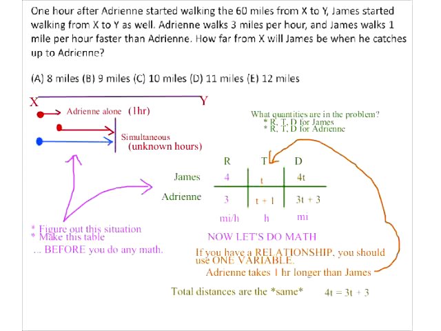If you solve that, you get t is 3 hours. You want James's distance, because that's what the problem asks for. From the table, it's 4t, so that's 4 times 3, which is 12 miles. So this is one way to do the problem.